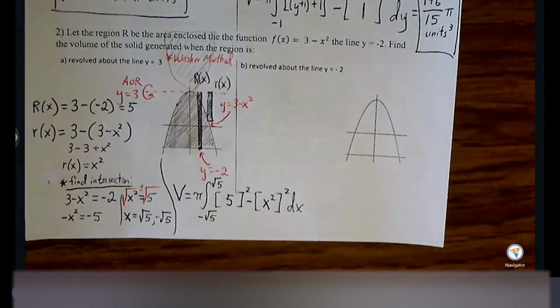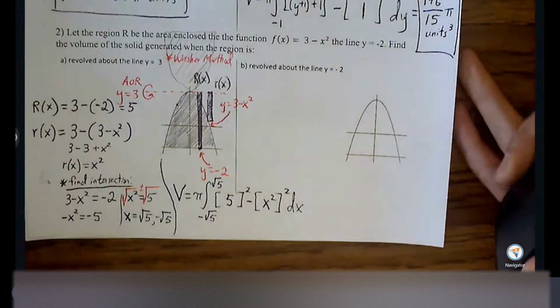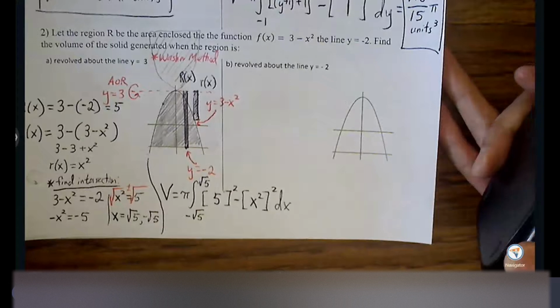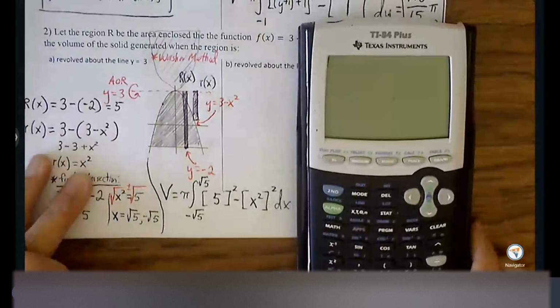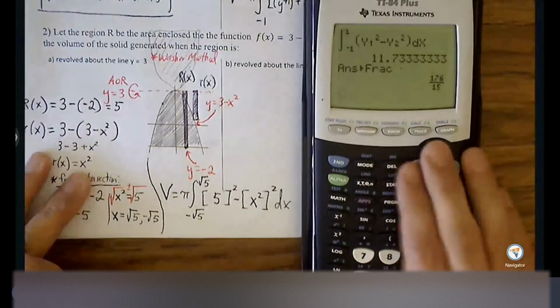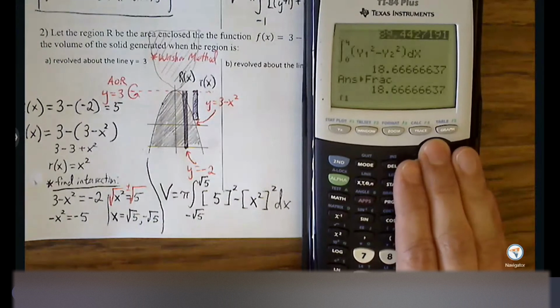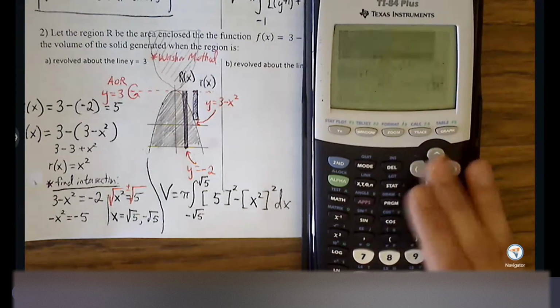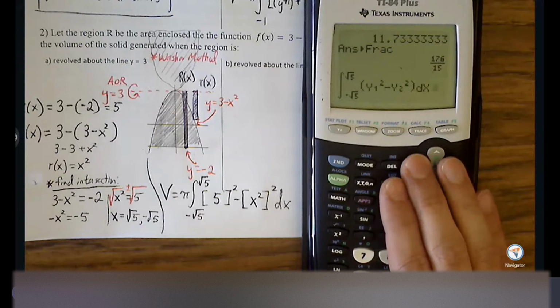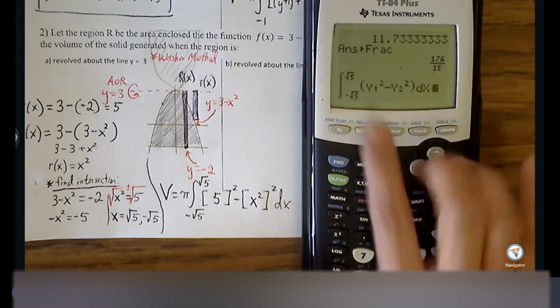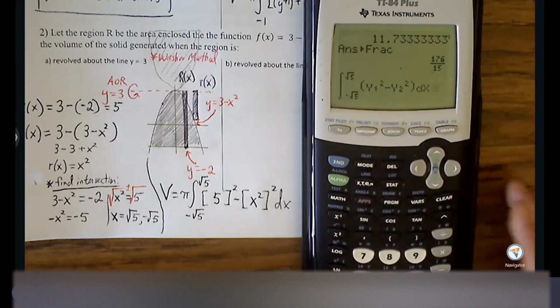Again, square your radius separately. Don't try to take the shortcut and subtract the radius first and then squaring. Right? I think I have this saved up here somewhere. All right, so -√5 to √5. I just had to adjust for my bounds.